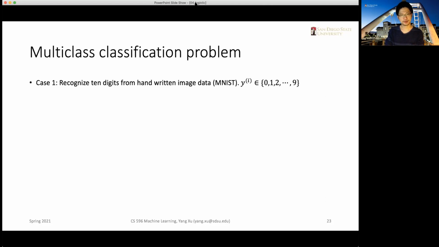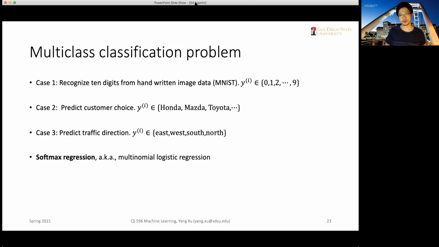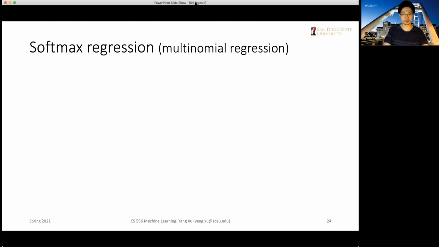The example we show here is a well-known handwritten image classification, or we want to predict the customer's choice, or predict the traffic directions. For this type of multi-class classification, we will need to use a technique called softmax regression. It's called regression in the same way as logistic regression, but it's still a discrete classification problem with multiple categories.